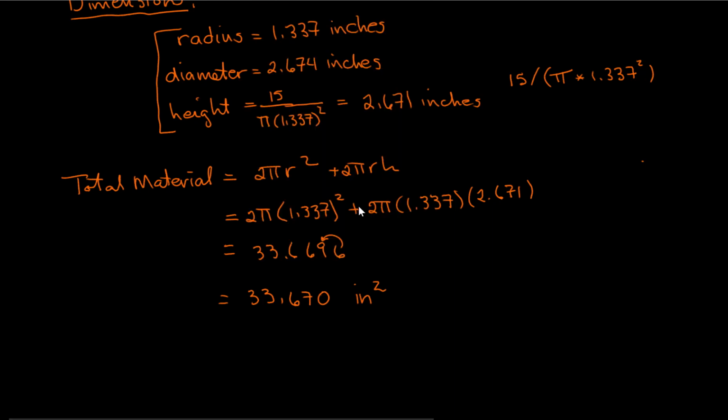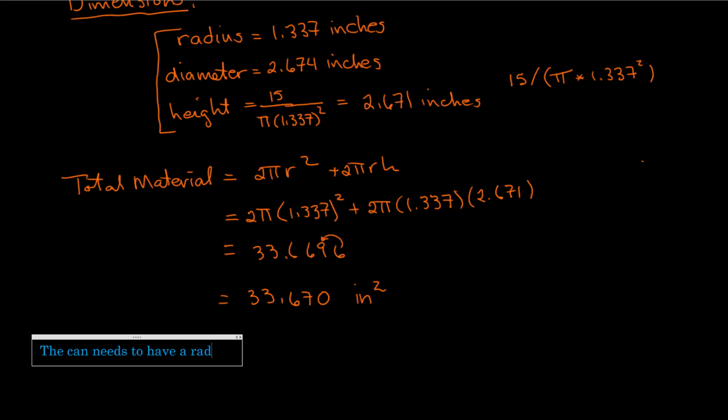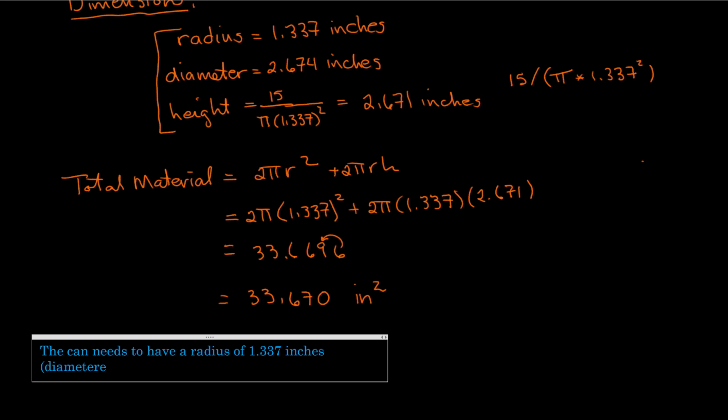Okay, so when I type this out, we can state it as follows. The can needs to have a radius of 1.337 inches. I may want to put in here a diameter of 2.674 inches, just as a side note, and a height of 2.671 inches.